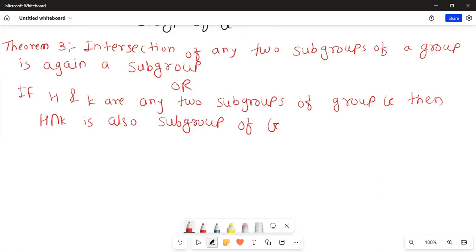And if H and K are two subgroups of G, then H intersection K is also a subgroup of G. तो इसका प्रूफ देखो, इजी है ये थ्योरम.